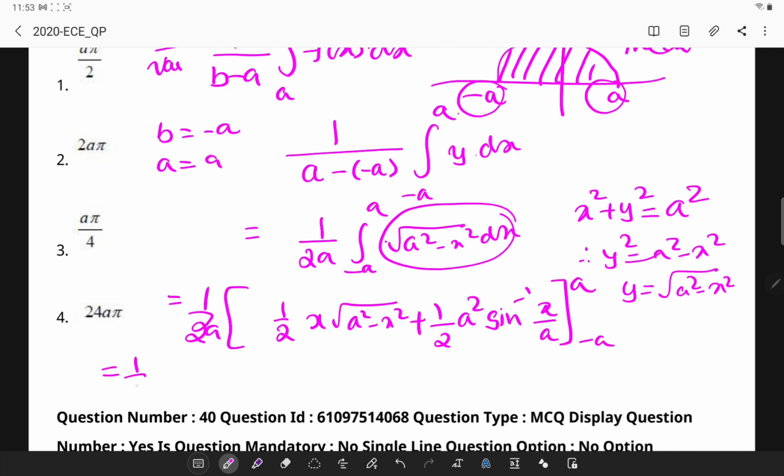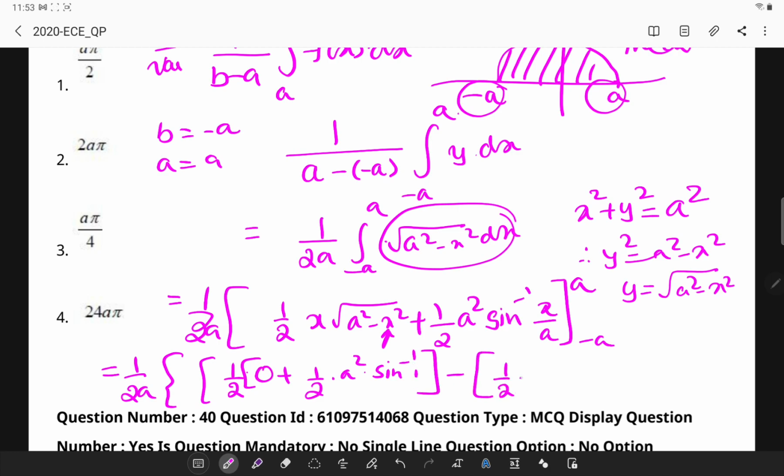If I substitute a directly, I'll be left with 1 by 2a, because if you substitute a in the first term it will be 0, plus 1 by 2 into a square into sine inverse a by a, which is sine inverse 1, minus the same thing with x as minus a, sine inverse minus 1.